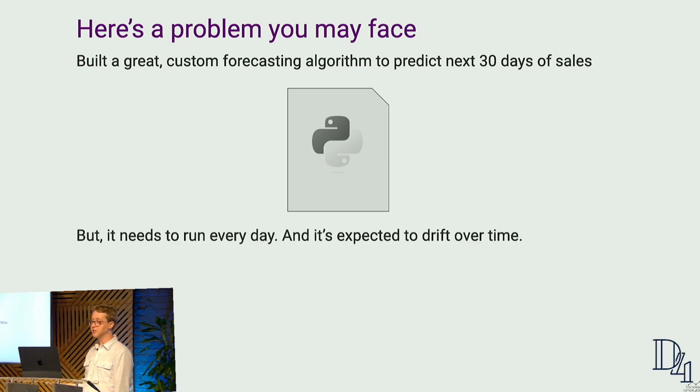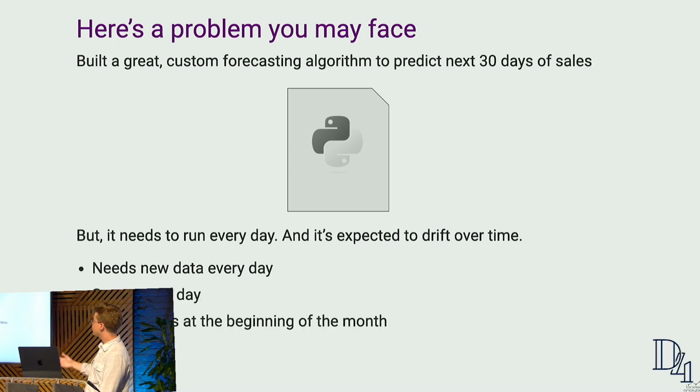Because really what you need to do is run it most likely every single day, and with that you get model drift. Your model just isn't as good today as maybe it was yesterday. To address this, of course, you need data every single day. You need to score it every single day. And then on some regular cadence, say monthly, you're going to have to refit that model to address that model drift.